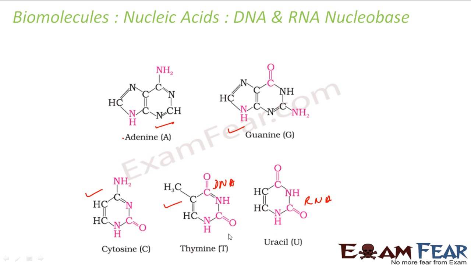If you compare thymine and uracil, you see there's only one difference: instead of H, there is a CH3 here. Everything else is almost the same. Because RNA, ribose nucleic acid, has a 2' OH, it is not able to accommodate this big compound thymine, so it takes uracil. Small difference. So that's the nucleobase for RNA and DNA.